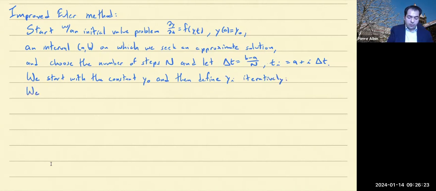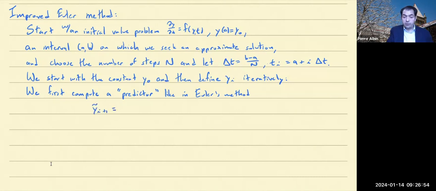Instead of what we did with the Euler method of computing y_i in one go, here we're going to start by computing a predictor, like in Euler's method. I'm going to call it y tilde i plus 1, because it's not the y_{i+1} we're going to end up with.